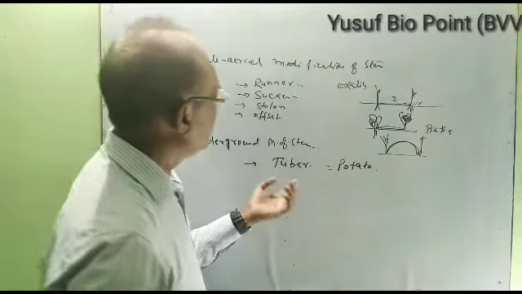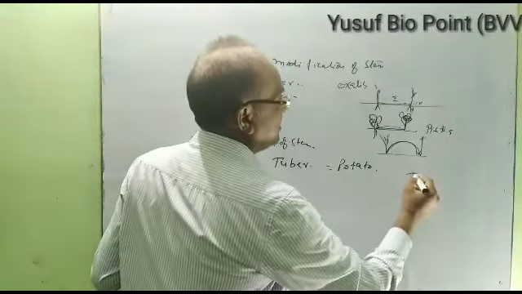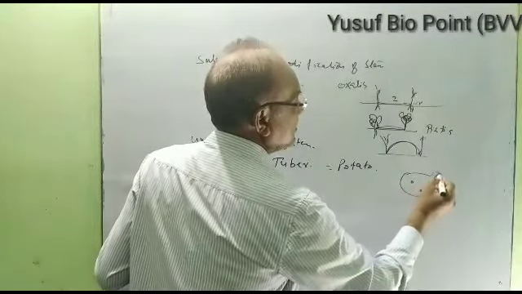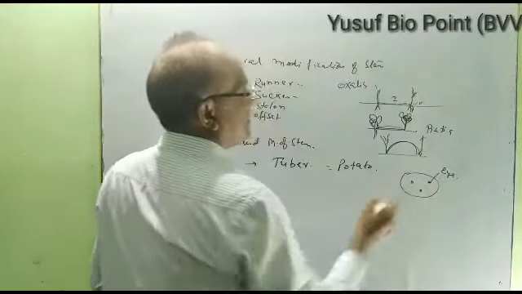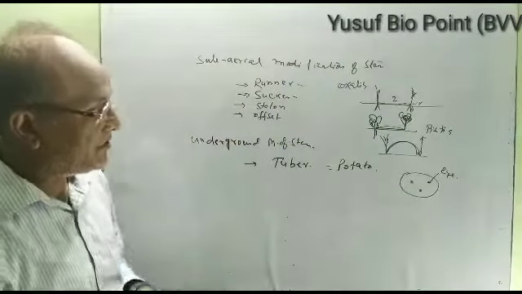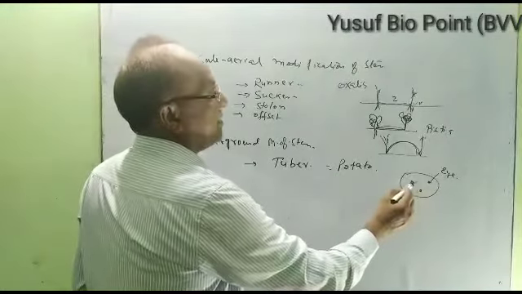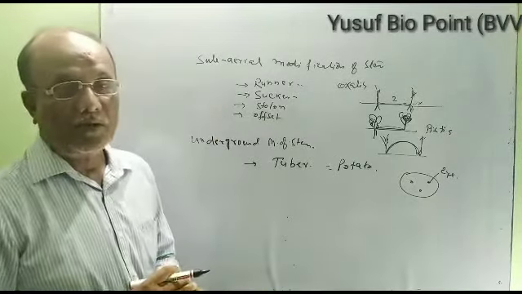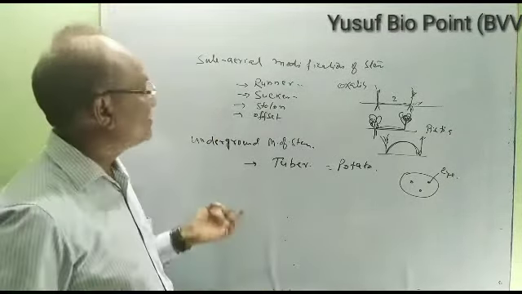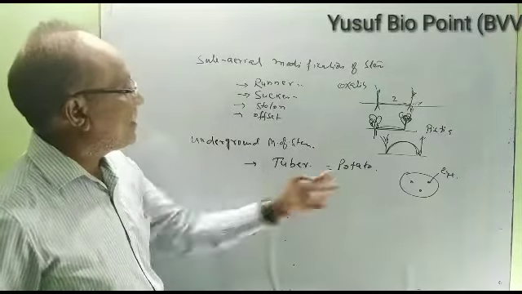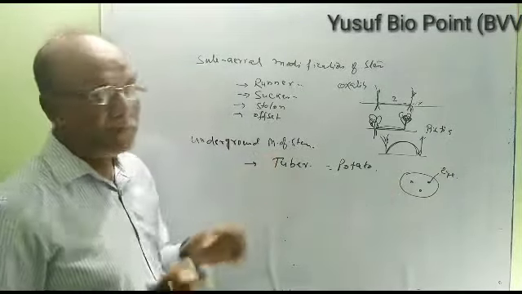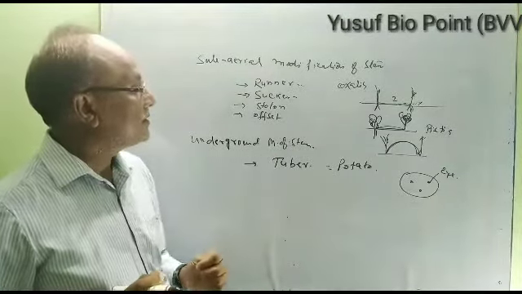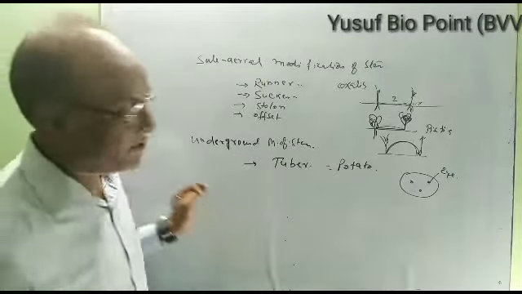In that you know that it's a tuber. It contains eyes. On that, scales are present, and these eyes are the nodes, and between them are internodes. It is also a type of stem, but it is found in the ground, so it is called underground modification of a stem.